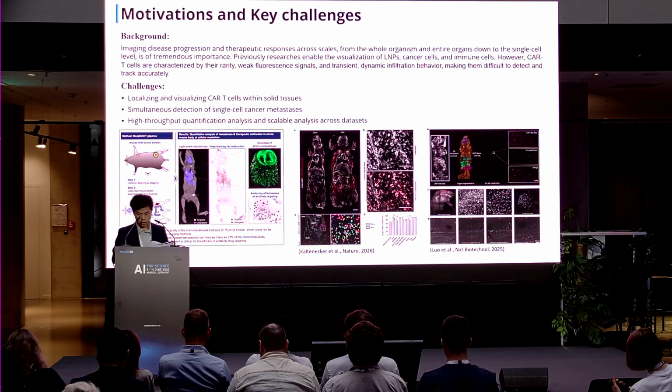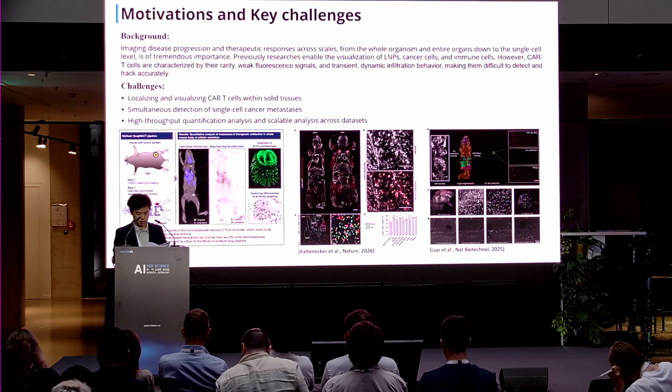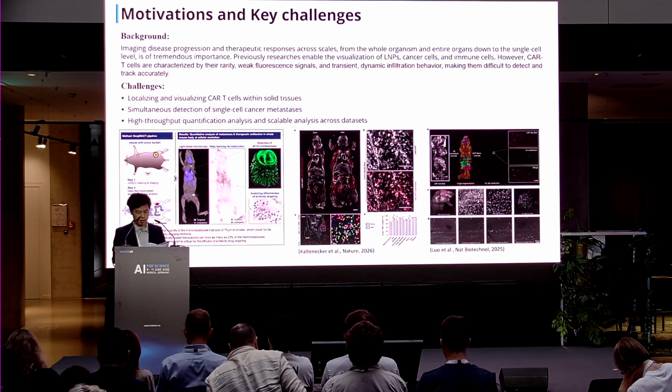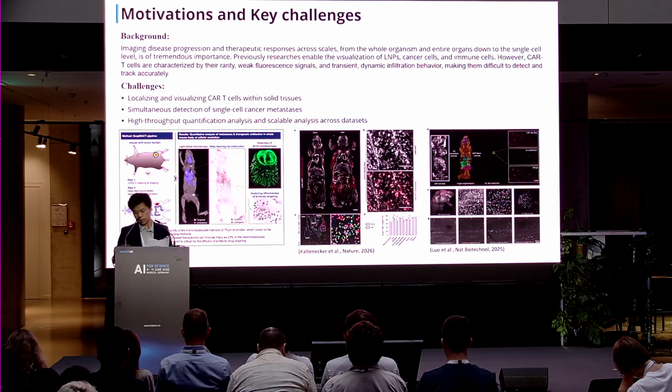So we are facing several problems. First, localizing the CAR-T cells within whole tissue, and simultaneously detecting single-cell cancer metastasis, and additionally enabling scalable high-throughput quantification across different data sets.